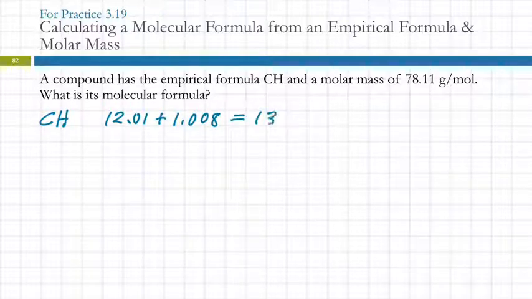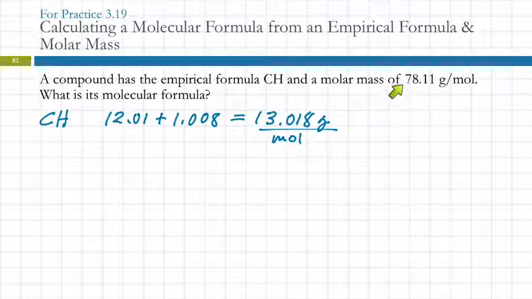I think that's 13.018. So 1 mole of CH would weigh 13 grams. The molar mass of this compound is 78. So obviously the empirical and molecular formulas are not the same. What we want to find out is what do we need to multiply 13 by to get 78? I don't know about you, but that's not obvious to me.